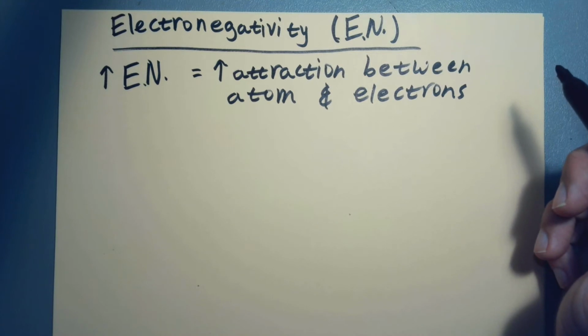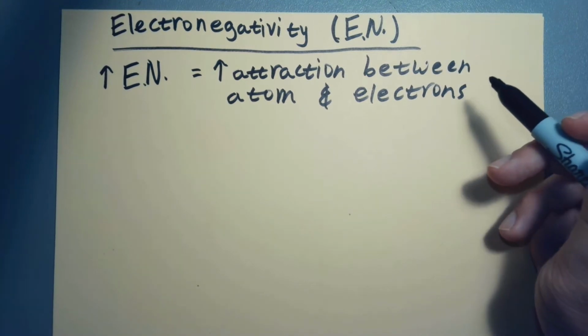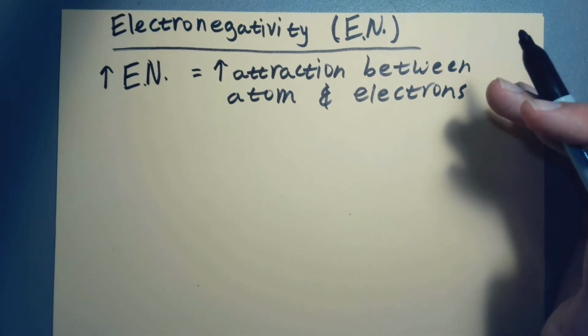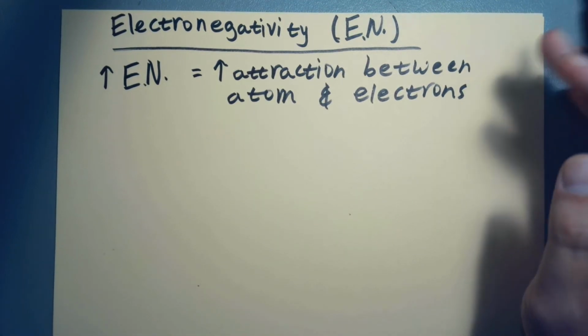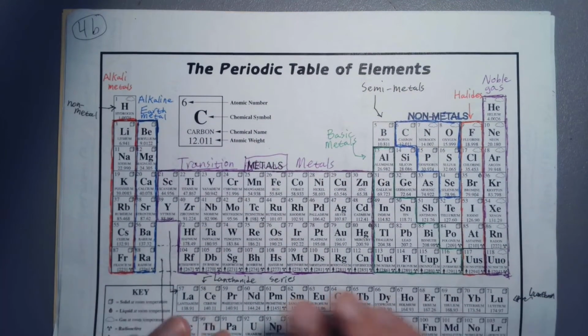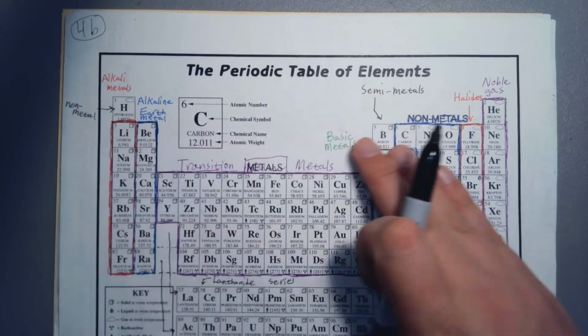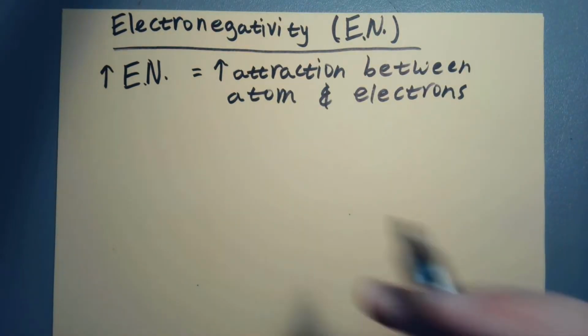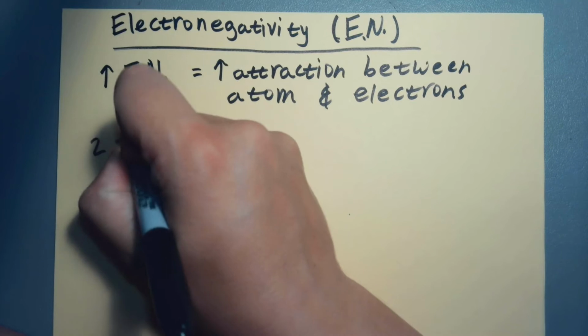There are two ways that electronegativity has a trend, and they both pertain to the periodic table. Now there's always exceptions to the rules, and I won't do anything that breaks the trend that I tell you. The first one is that as we go across a row on our periodic table, from left to right, electronegativity is increasing. So we'll have two trends.